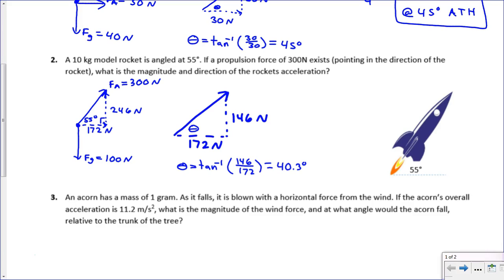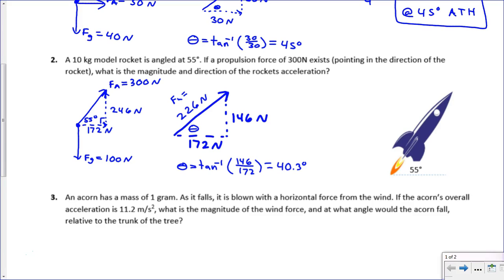The other thing you're going to do is use the Pythagorean theorem, 172 squared and 146 squared, and then the square root of those added together, and you get 226 newtons for the length of that hypotenuse there for your FU. Okay, and it again has asked for the acceleration.